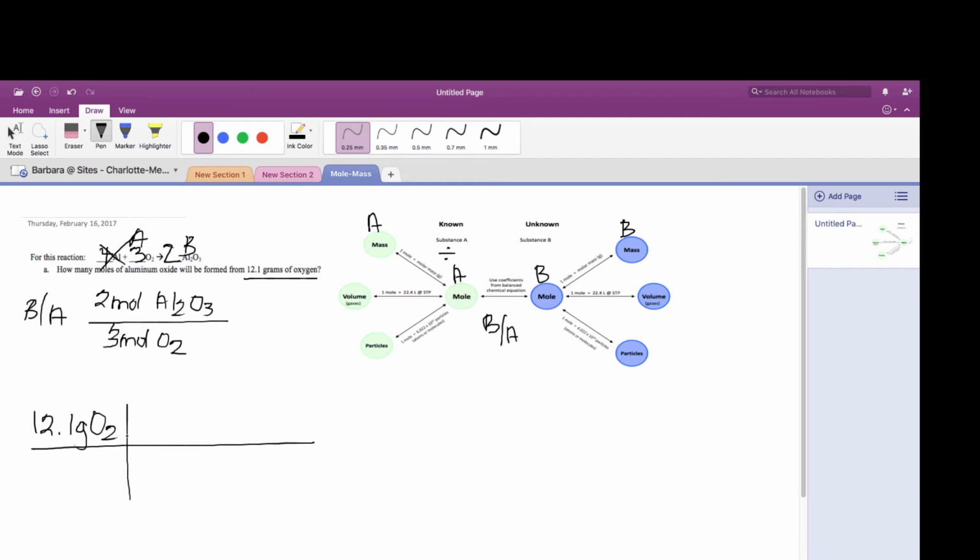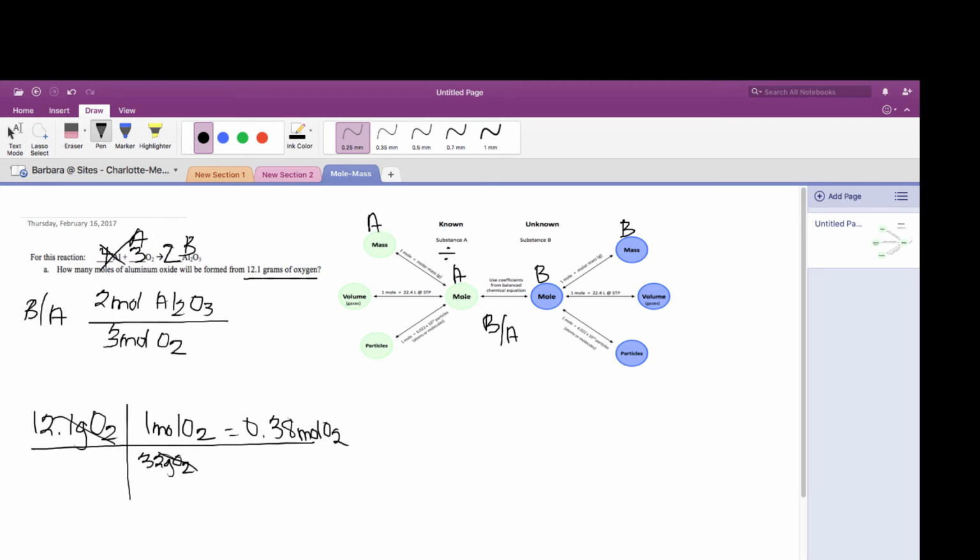The molar mass of oxygen is 32, so I'm going to put 32 grams in the denominator and 1 mole in the numerator. Get your calculator and do 12.1 divided by 32, which equals 0.38, and our grams of oxygen will cancel to leave us with moles of oxygen.